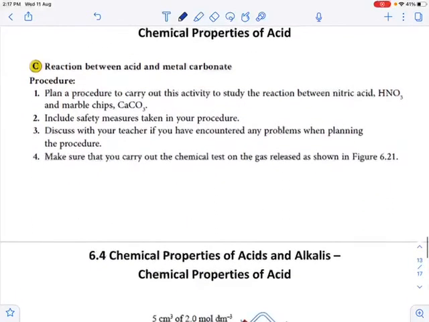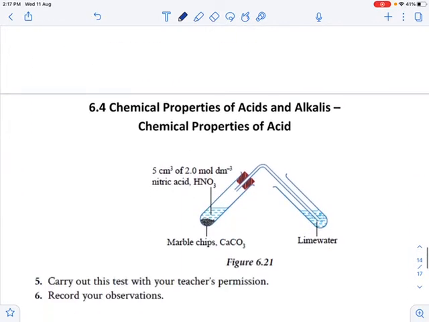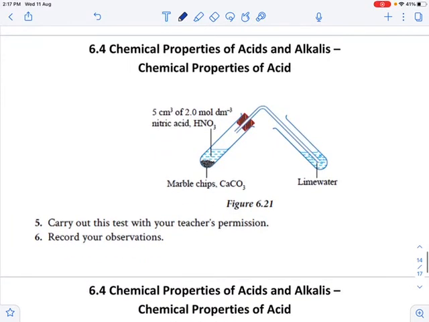The third chemical property of acid is the reaction between acid and metal carbonate. For this chemical property, we use the reaction between nitric acid and marble chips, which is calcium carbonate. Okay, kita tengok dulu diagram 6.21.